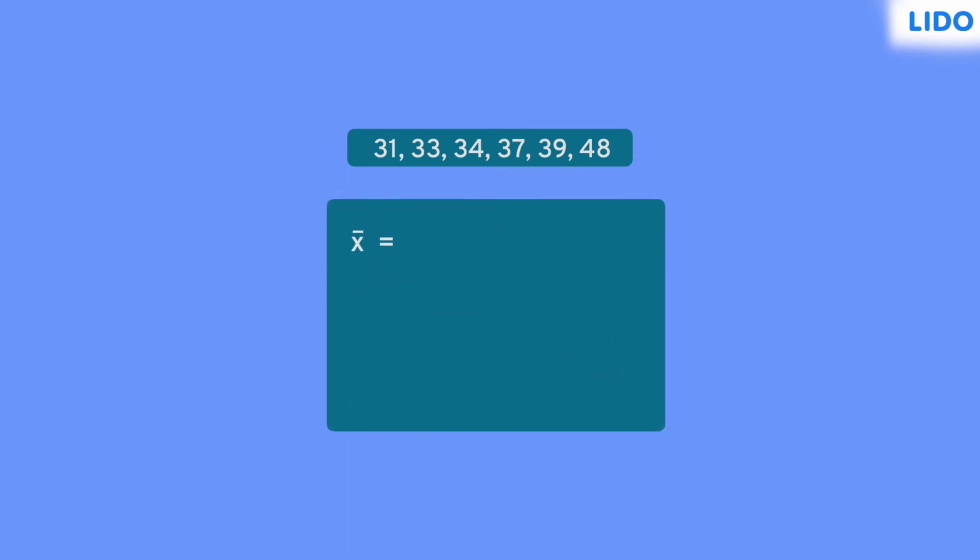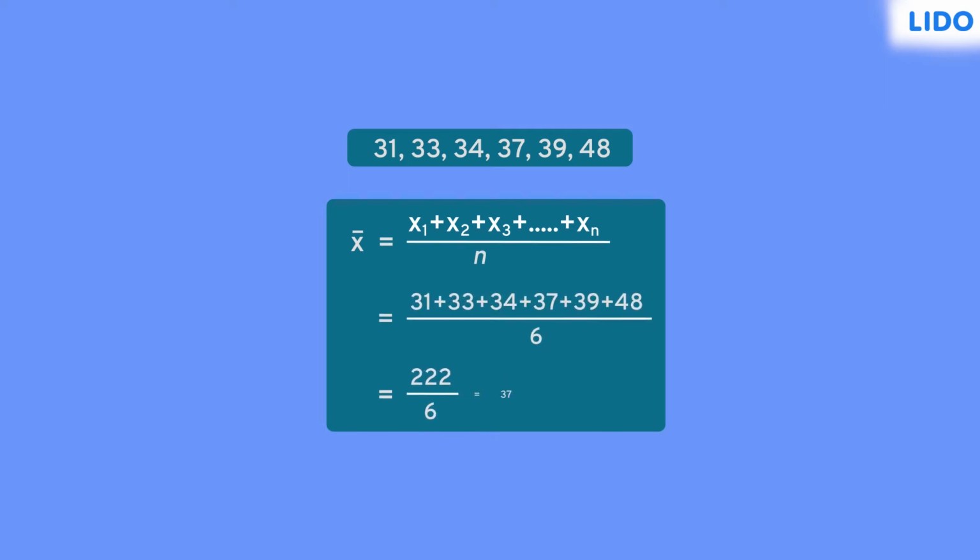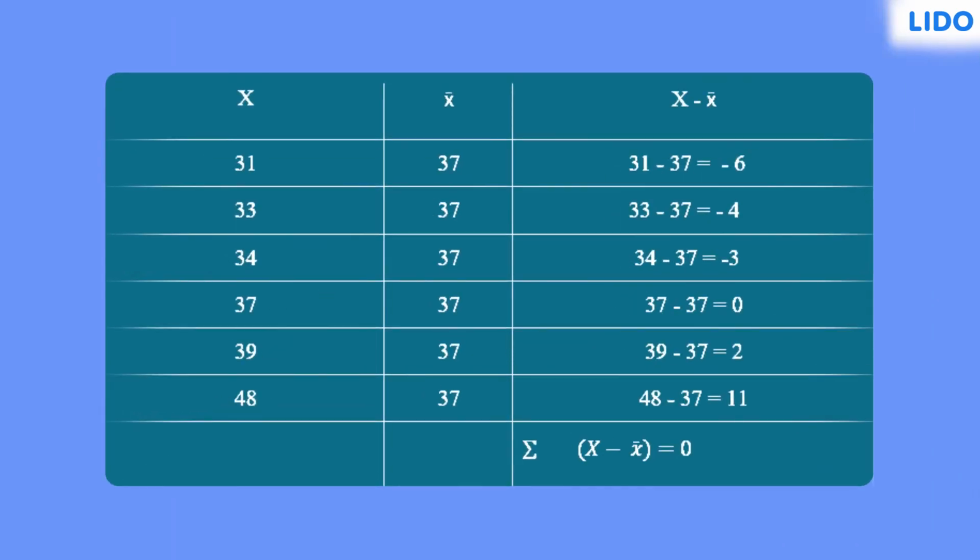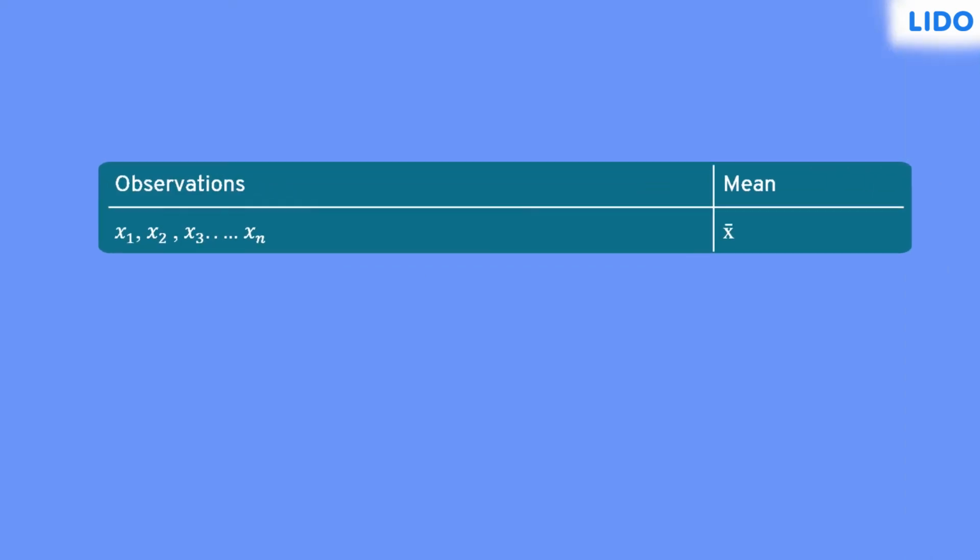Its mean is calculated by applying the formula x bar equals summation of x divided by the number of observations, that is x bar equals 37. Now the sum of the differences of each observation and the mean is given as summation (x minus x bar), which equals 0.